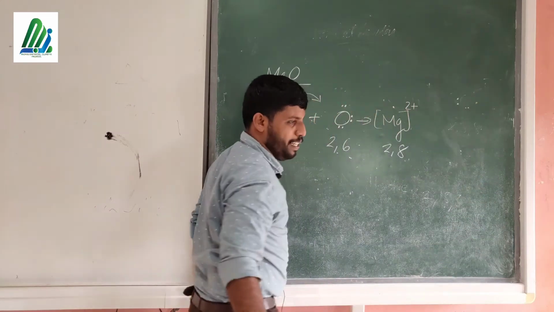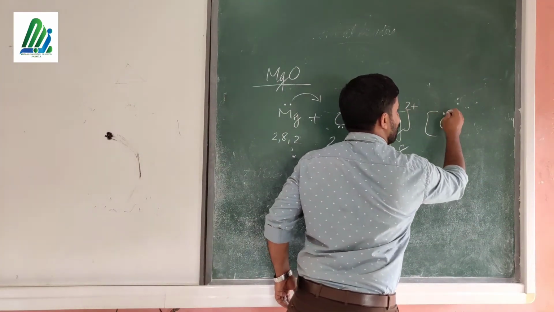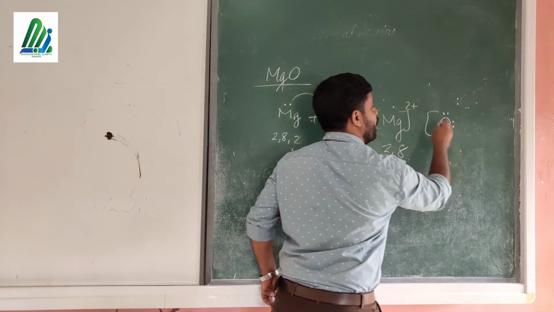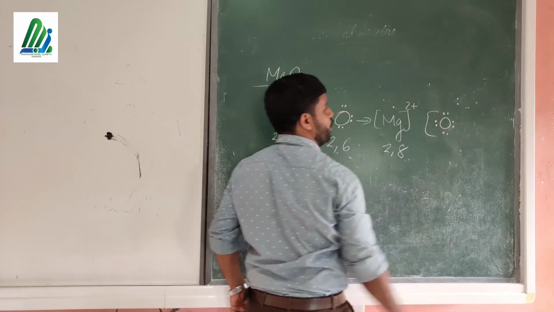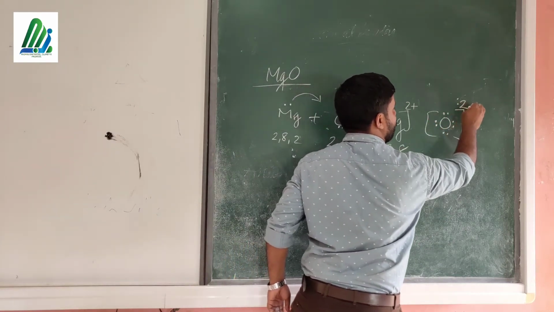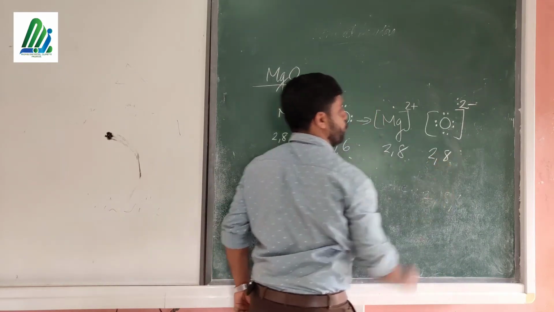In the case of oxygen, 6 electrons are already there in the valence shell, and it accepts the 2 electrons from magnesium. Now it becomes 8, it gets a 2 minus charge, and its electronic configuration is also 2, 8.